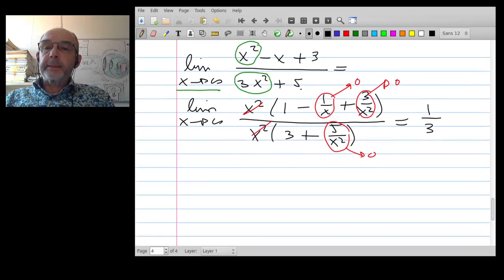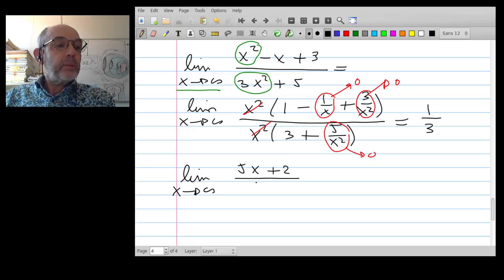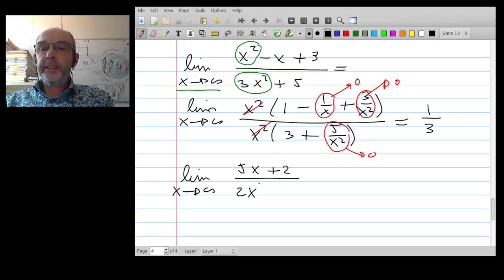Another one, limit x going to infinity of 5x plus 2 divided by x to the power 3 times 2 minus 1. Now, also, what to do? Look to the numerator and the denominator. Take the greatest power out of it. I see here that the x is the greatest one.